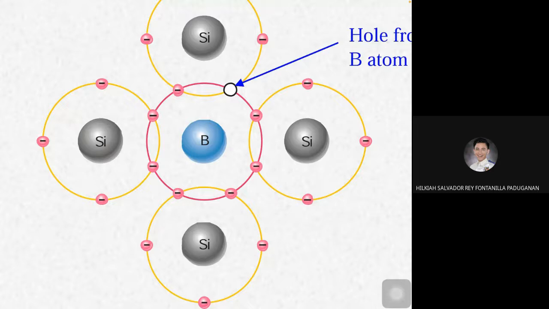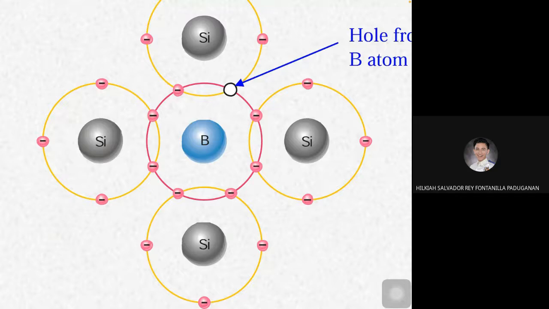The neighboring silicon atoms of boron could only share 4 of their valence electrons. If they could only share 4 and boron has only 3 valence electrons, it is lacking. 4 plus 3 equals 7, and 8 are needed to be stable.